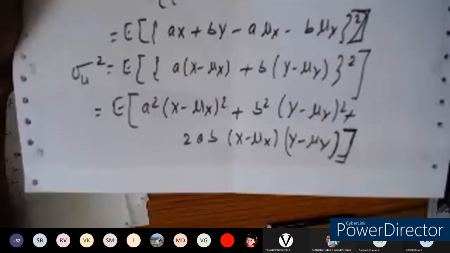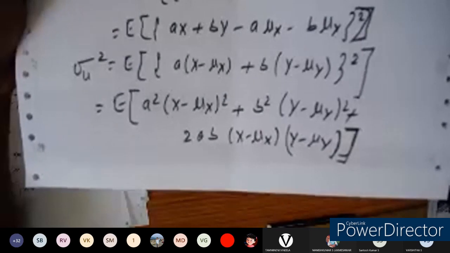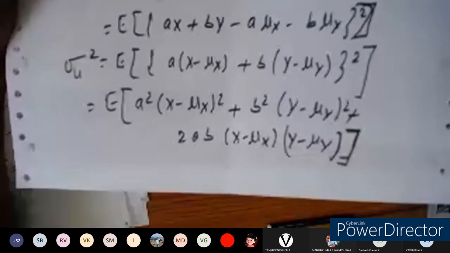So we applied the a plus b the whole square formula, and we got this.